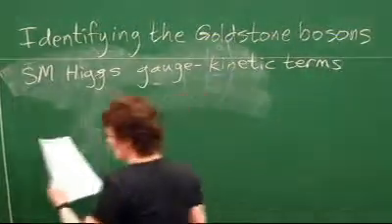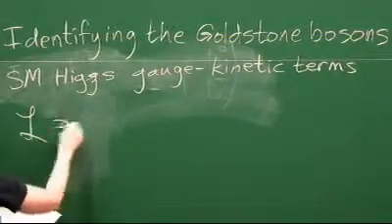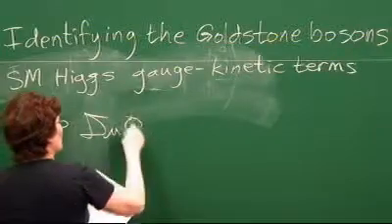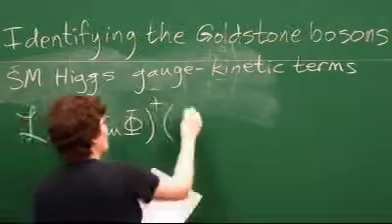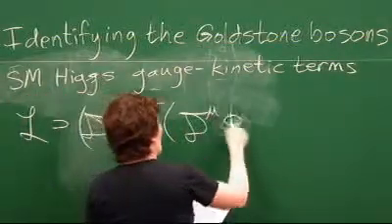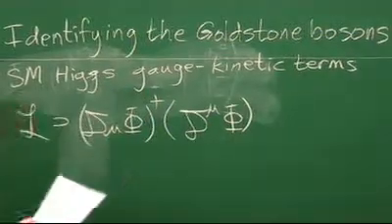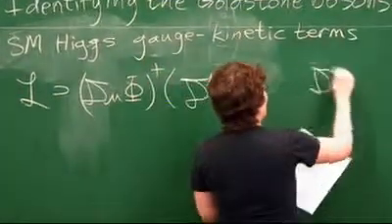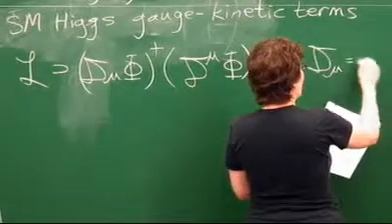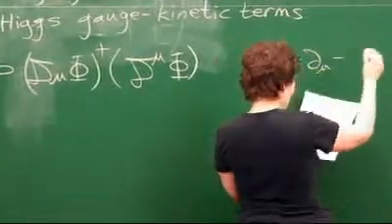Right? So in the Lagrangian, there's our D mu phi, and the covariant derivative that's going to act on the Higgs looks like the following.